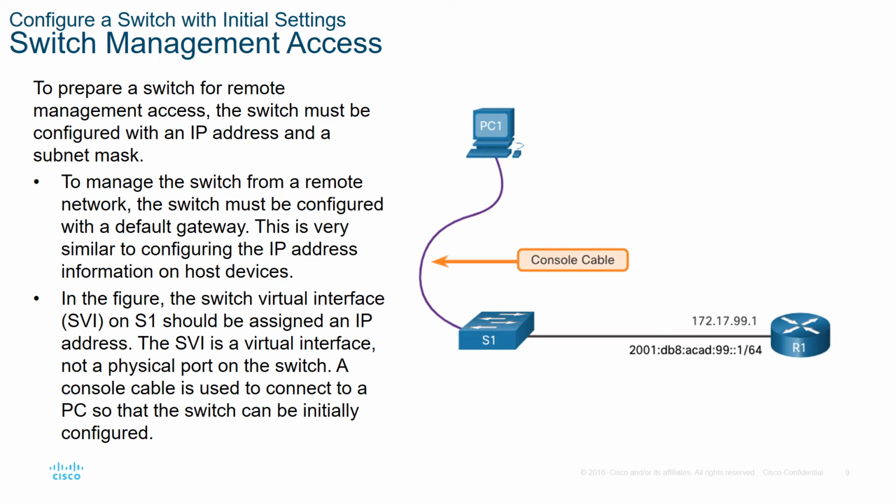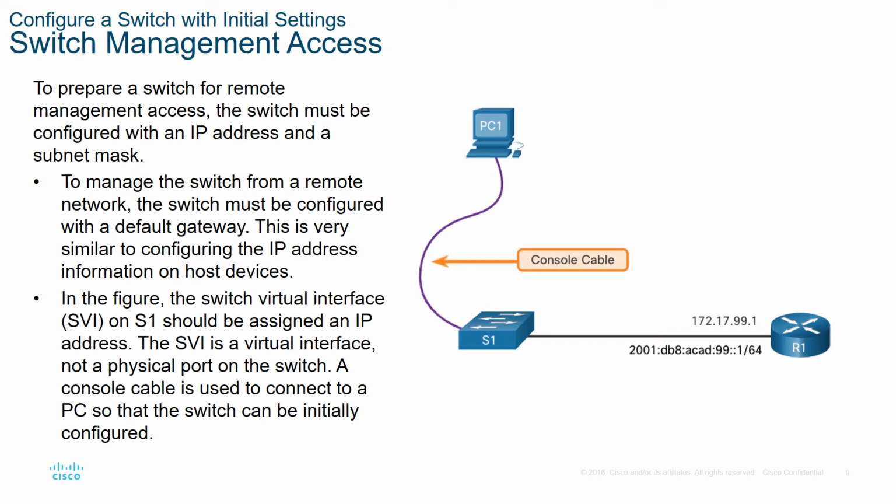For that, the switch must be configured with an IP address and subnet mask. The switch has the SVI, switched virtual interface. We have to configure the IP address and subnet mask for the SVI. A switched virtual interface is a virtual interface. It is not a physical port on the switch.